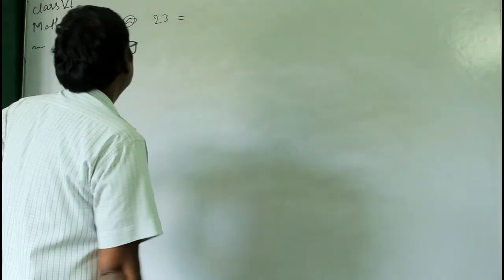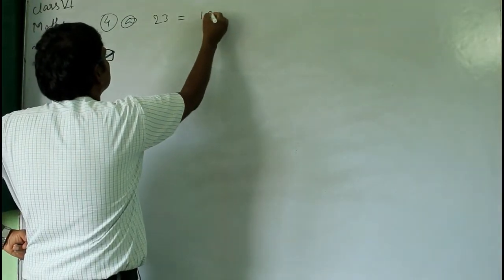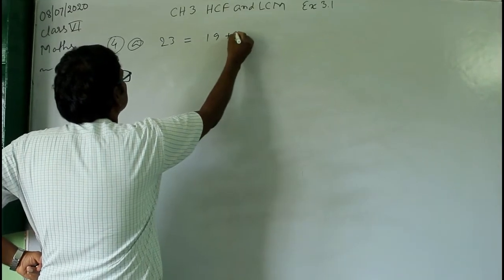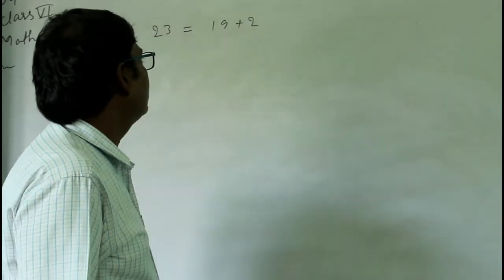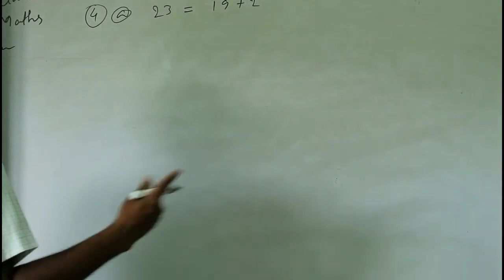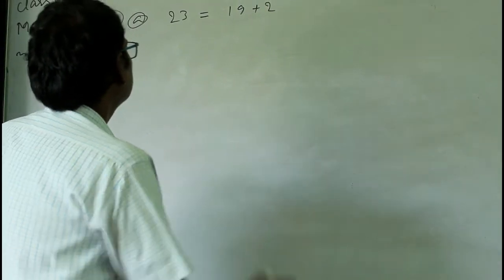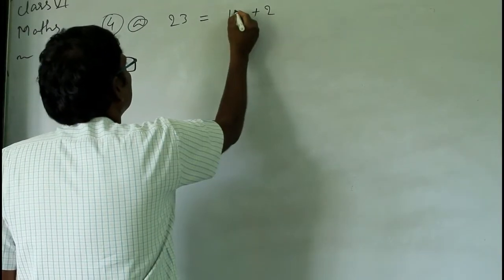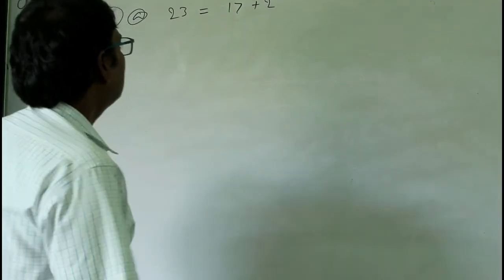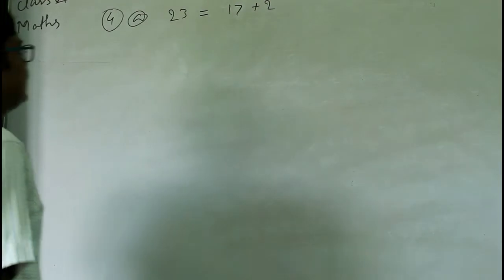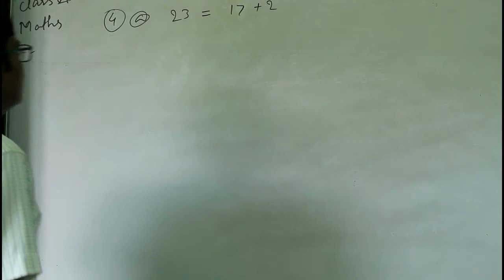So how will we write this? Suppose 19 is there: 19 plus 2 is 21. Suppose you take 17: 17 plus 2 is 19, and 19 plus 3 is 22. So it is not.